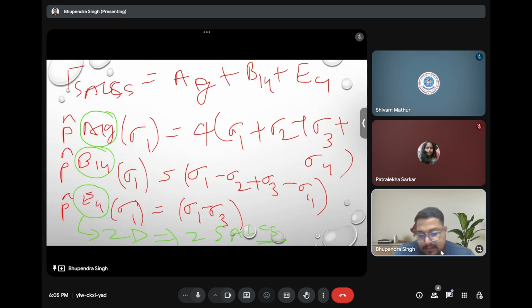So let's say here we have C4, C2. Let's consider C2. If the bases are X and Y, then after applying C2, X will interchange to Y and Y will interchange to X. That's what happened, right?